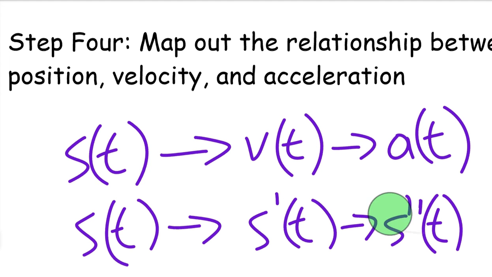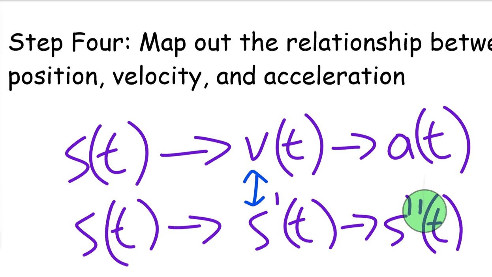Now, here's how they relate in terms of the derivative, and this is why we're going to map it out. When you take the derivative of position, you get s prime of t, which is the same as the velocity, v of t. You want to notate that because it makes sense that the rate at which the position is changing is the same as velocity. This map is going to help you with more advanced problems.